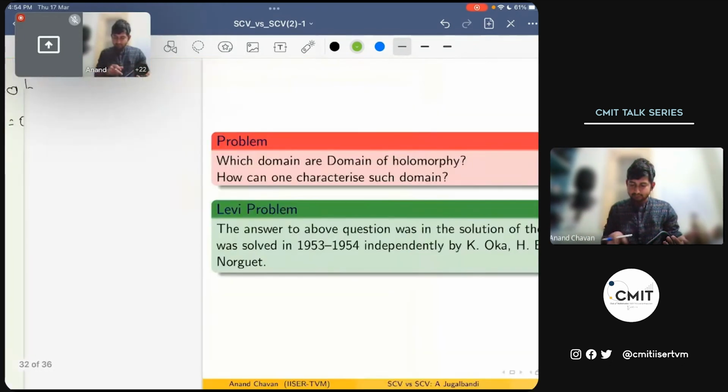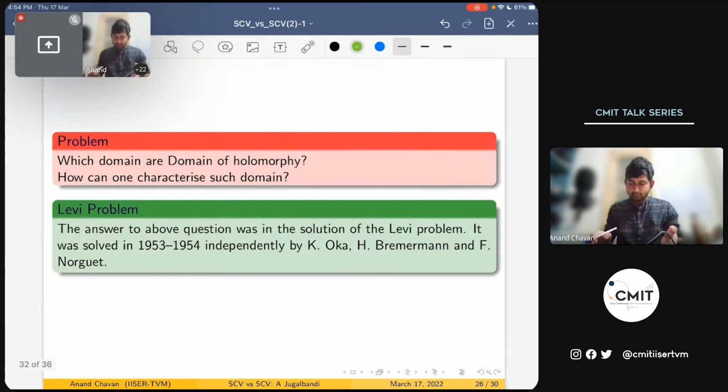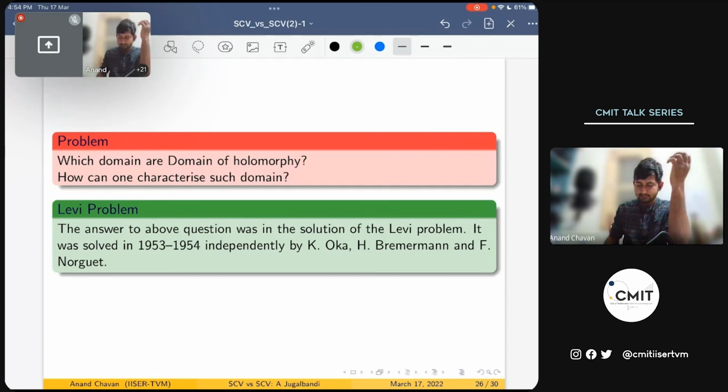Moving on. Now the question arises: I have given a definition, and I have given an example where the domain I defined is not a domain of holomorphy. How can you say whether a given domain is a domain of holomorphy or not, and is there a way to find out?